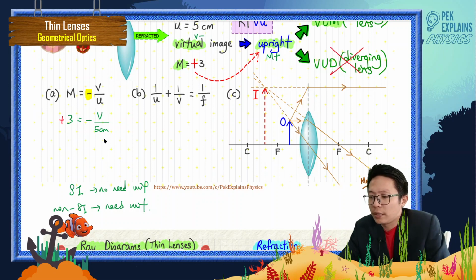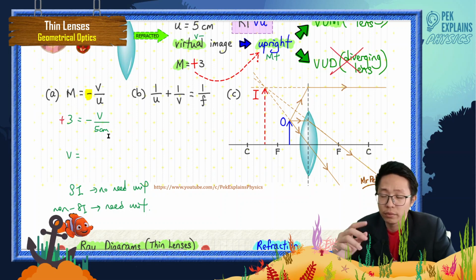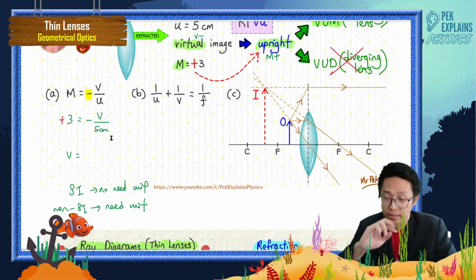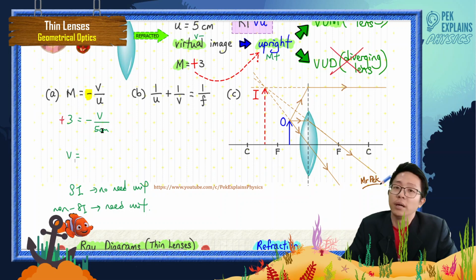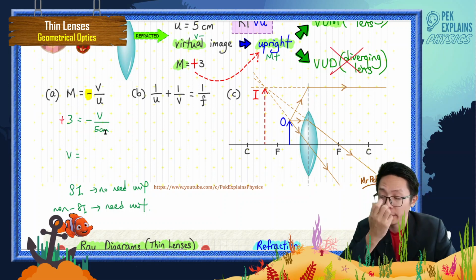So v equal, if you don't put centimeter, the examiner will minus marks. If you don't put the unit for the non-SI unit during your calculation, if you don't put cm here, the examiner will minus 1 mark. If you just put 5 instead of 5 cm, the examiner will minus 1 mark.